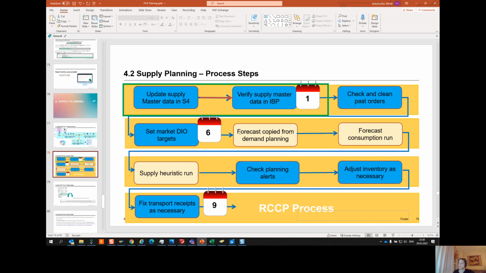When demand is copied from the demand planning part, it is distributed for the upcoming period with a negative value.